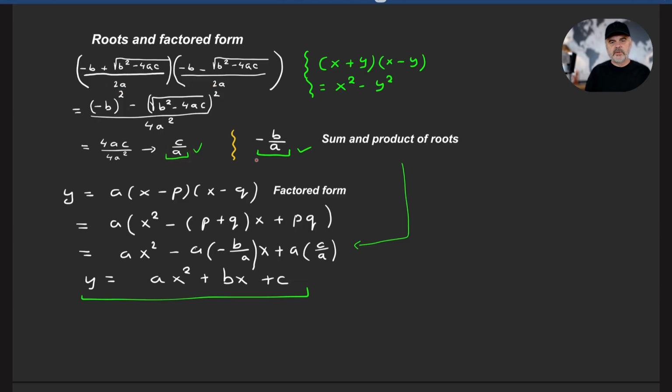We know from the previous slide that the sum is negative b over a, so this is the sum of roots, and this is the product of roots of a quadratic equation.